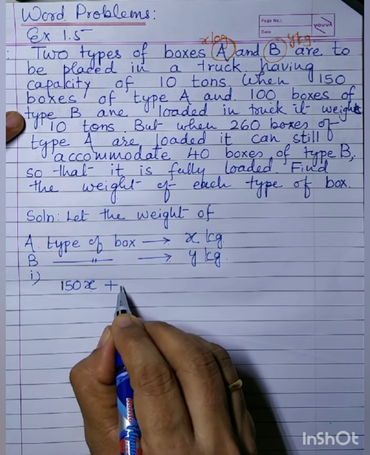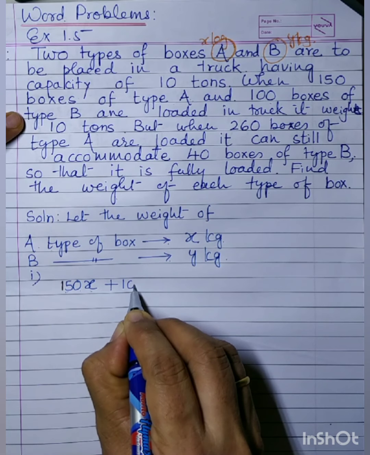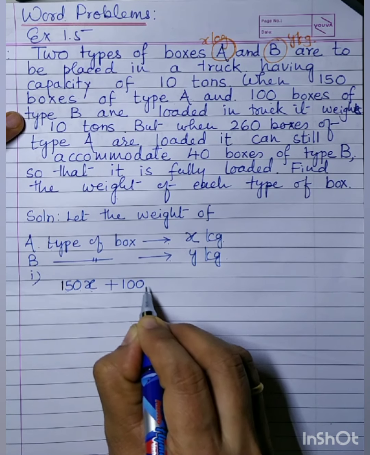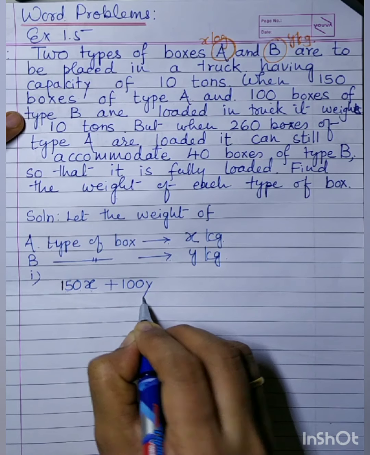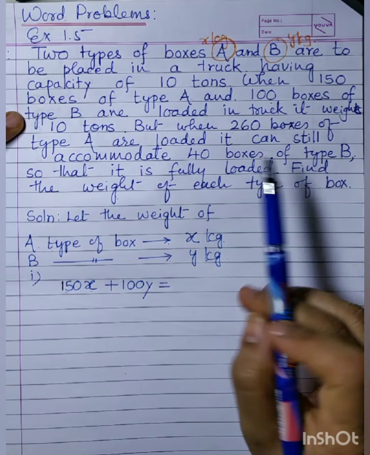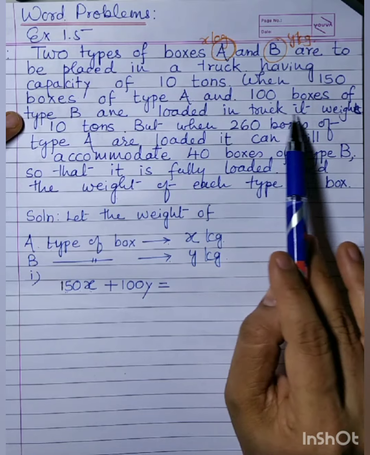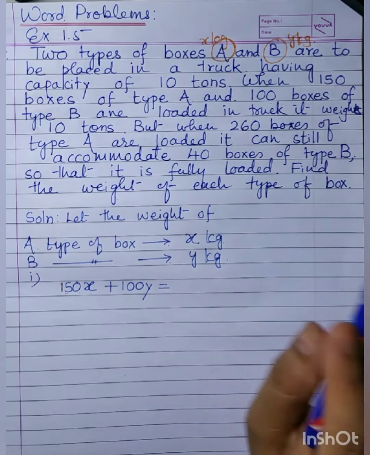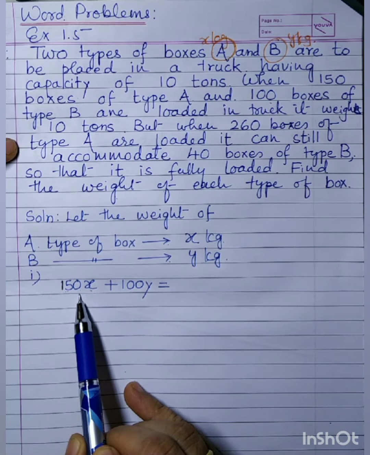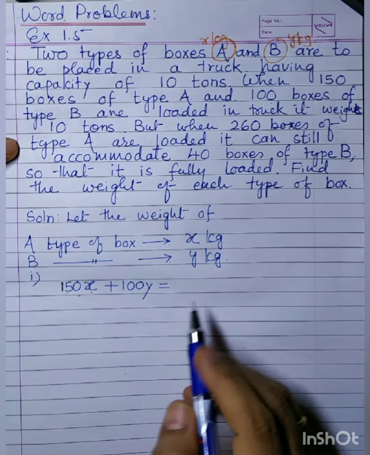What we have assumed their weight? y kilogram. So the B type boxes will weigh 100y. And the statement says that when they are loaded in a truck, it weighs 10 tons. So 150x plus 100y is equal to 10 tons.